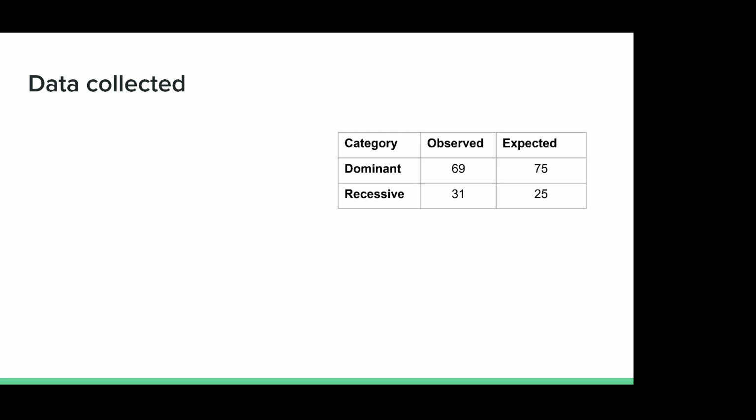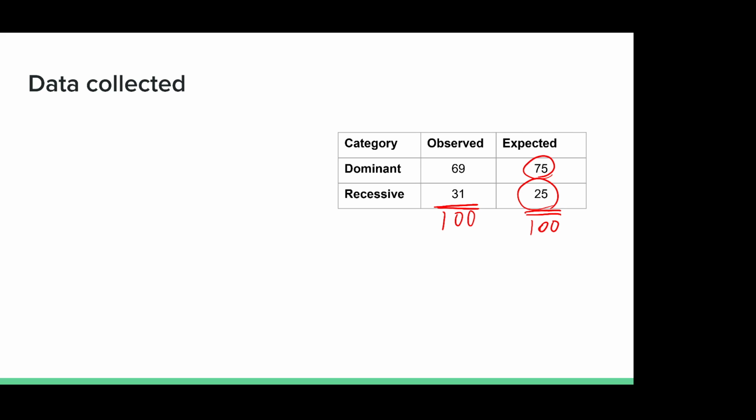So there were 69 plus 31, 100 individuals produced as the result of this monohybrid cross. We would expect that 3/4 of those 100, which is 0.75 times 100, will show the dominant trait, and 1/4 will show the recessive trait.